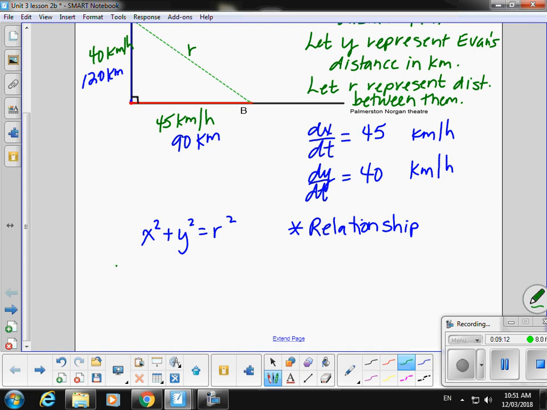So if I take the derivative of both sides, you don't have to show this line, but it's not a bad strategy. I'm taking the derivative with respect to t of everything. That's a related rate. Take the derivative with respect to time of both sides. All right, here we go.